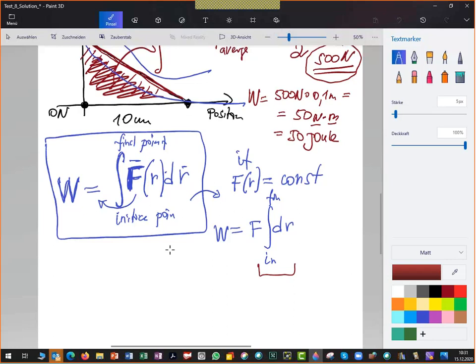So the formula will again collapse into F multiplied by r. Let me show that these are always vectors.